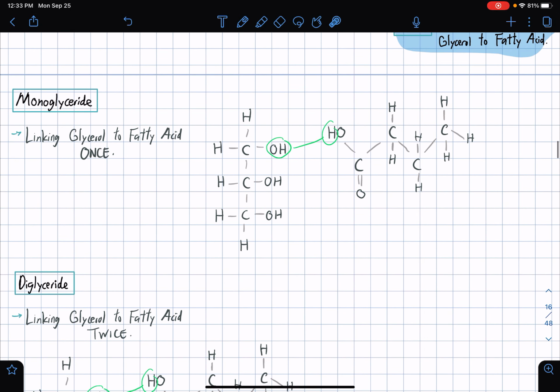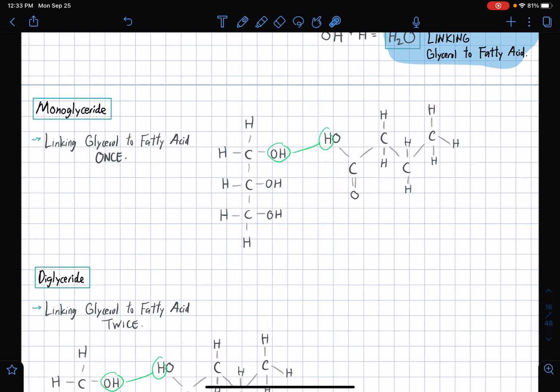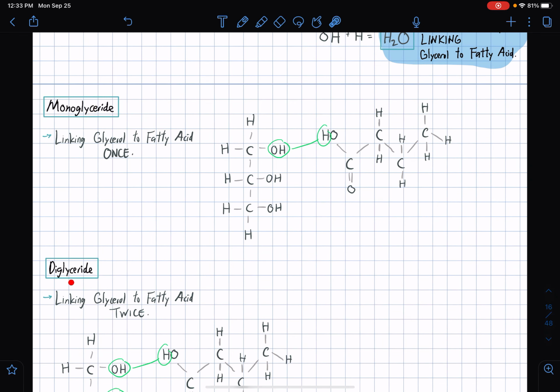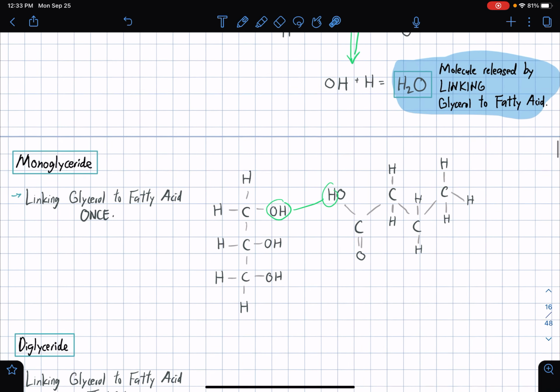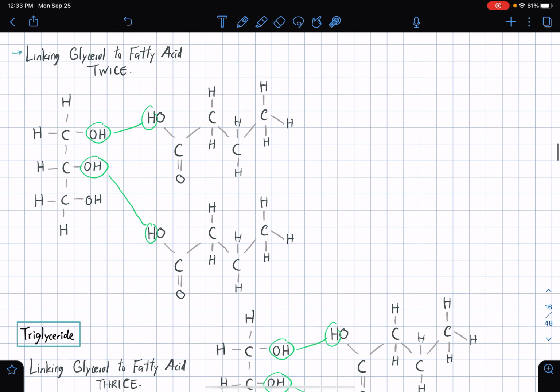Similar to how we label or classify monosaccharides, disaccharides, and polysaccharides, these terms are under the context of lipids, or basically fats. Linking glycerol to a fatty acid only one time means only one linkage.